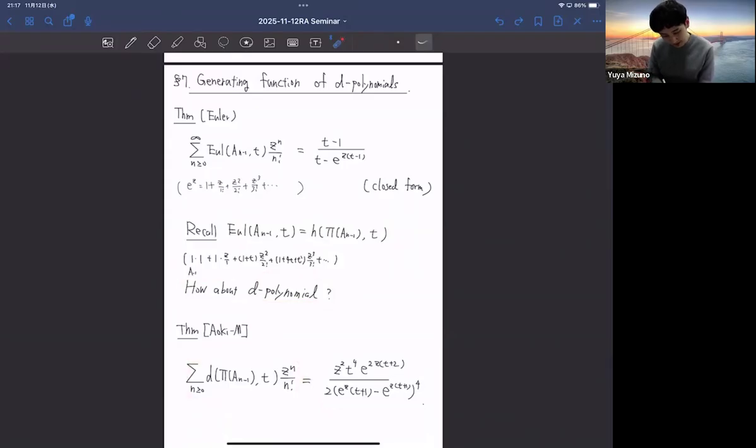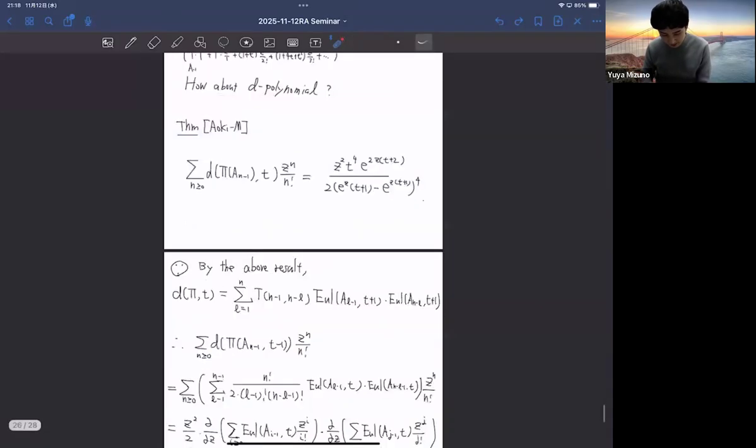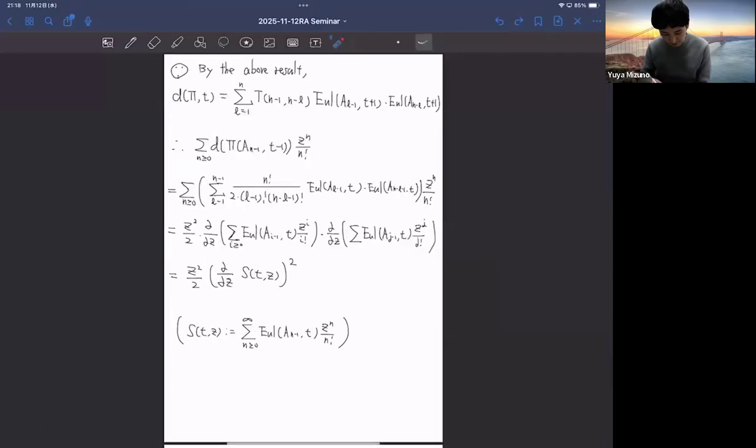Namely, if we replace the H polynomial with the D polynomial, then we can again get a closed form. It actually uses this equality. We have a sketch of this proof, but it's not so important now.